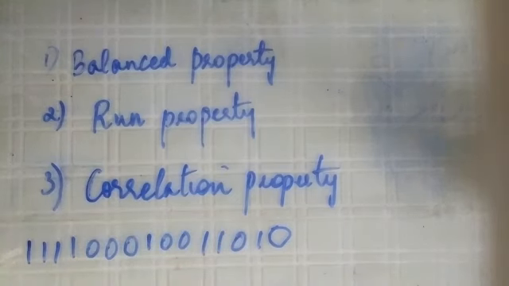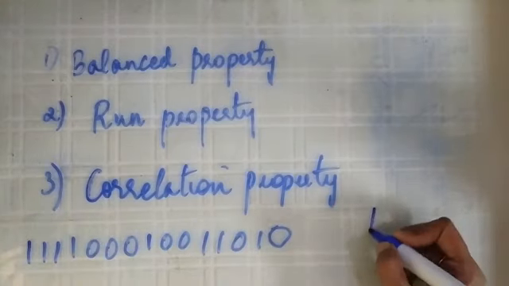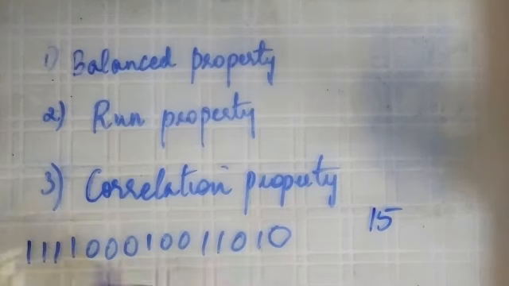So the length is 15. In this, if we count the number of ones, how many ones are there? 4 over here, 5, 6, 7, 8. So the total length is 15, and out of which there are 8 ones.